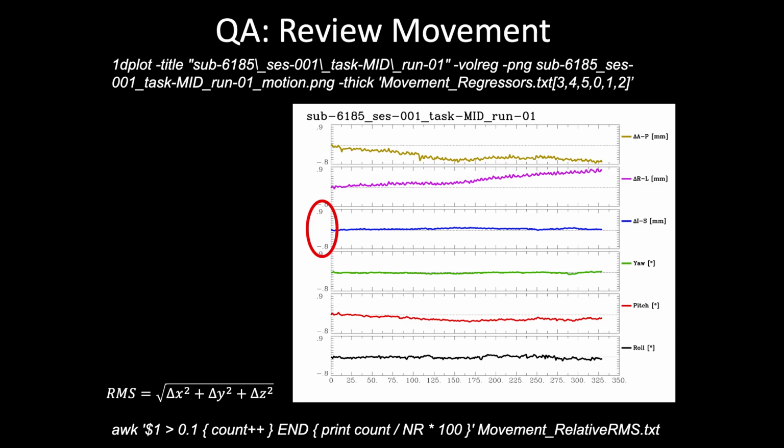And so this is just an example of a plot that you can generate. I tend to generate these with AFNI. This is an example of a participant where we took the output file of the motion regressors and looked at how much this person moved, and this person was actually pretty steady.